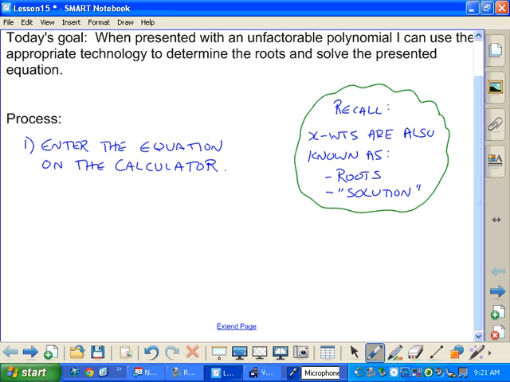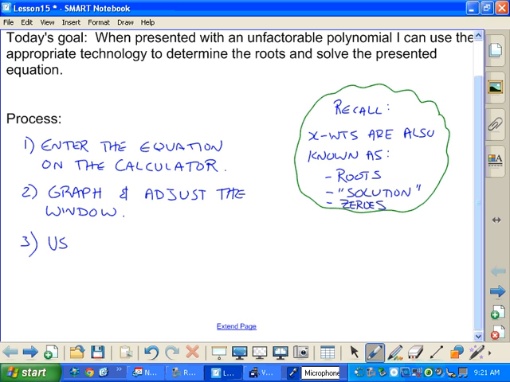Your second step then is to graph and adjust the window. And then, back at the recall, I forgot the third term there: x-intercepts are also known as the zeros.